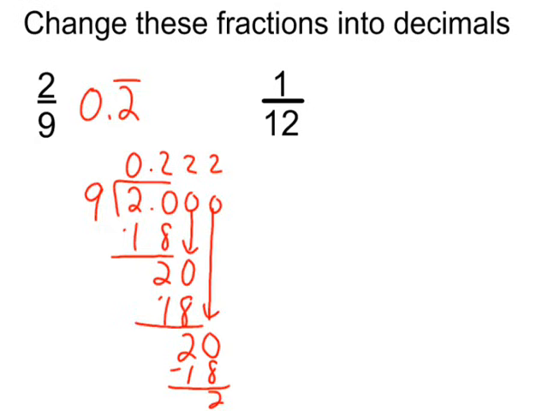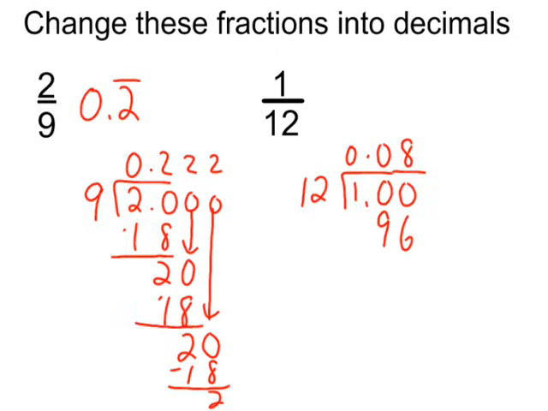How about 1/12? Let's put our top dog in the house. We'll divide by 12. 12 doesn't go into 1, won't go into 10, so we'll add another 0. We'll go into 100 8 times, and 8 times 12 is 96. And add another 0. And 12 will go into 40 3 times. 12 times 3 is 36.